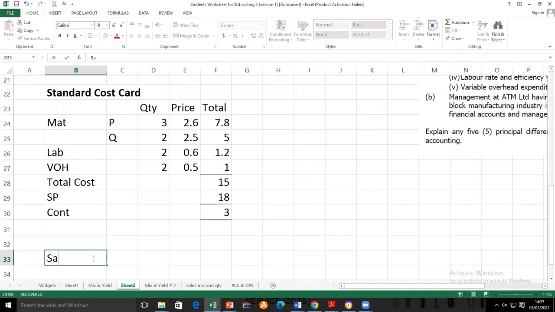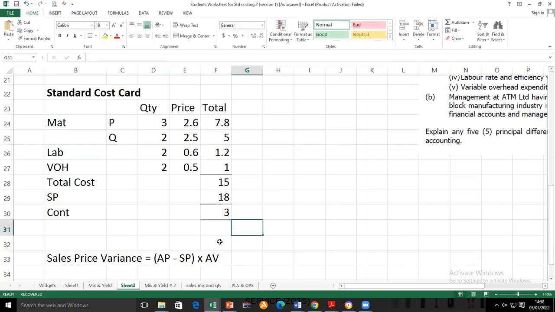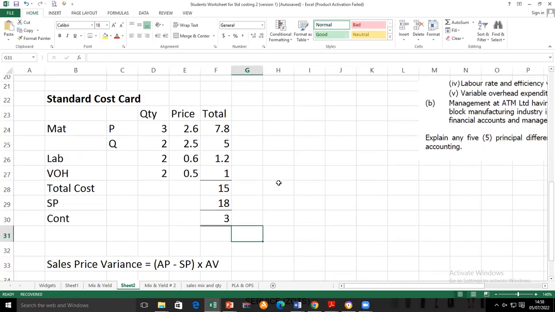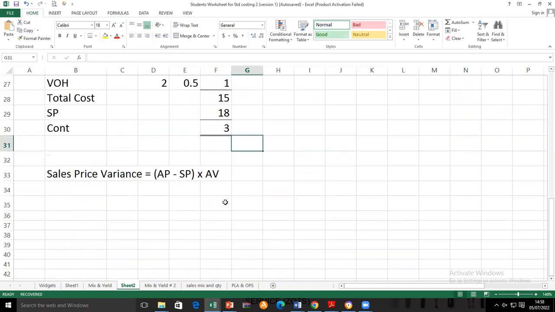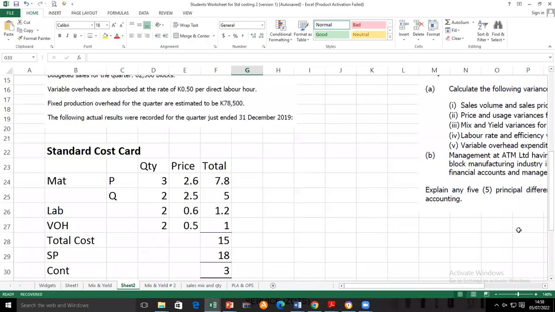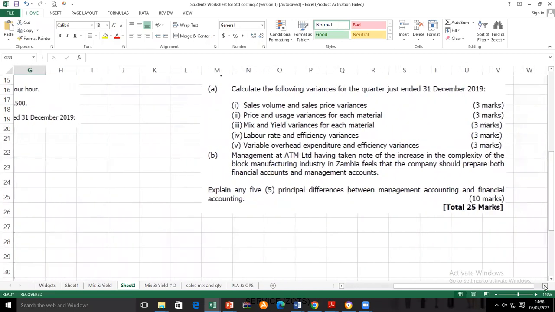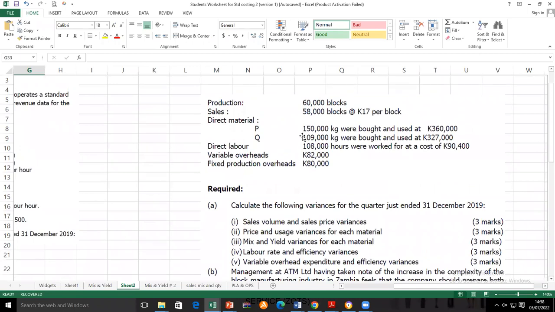Our first variance was the sales price. Who remembers the formula for sales price variance? Do you remember that formula? Yes, we do. Okay. What was the actual? 17.